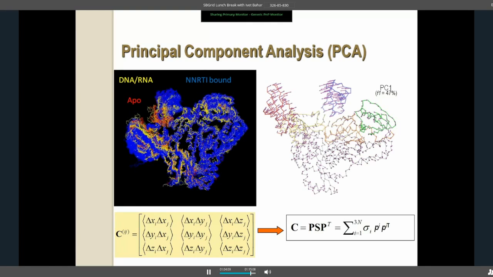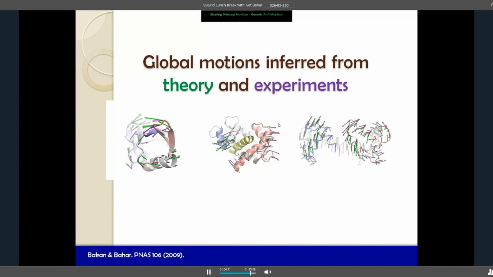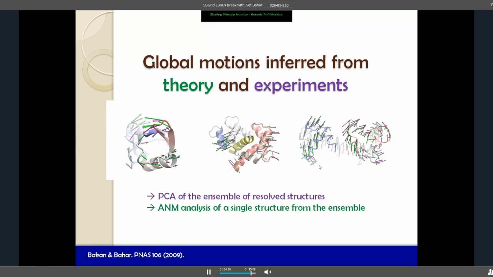Now, when we applied this to a series of proteins in our original paper in 2009, the theory and experiments, shown by different color arrows, agree quite well when we compare the principal components of the ensembles of structures versus the ANM modes predicted based on a single structure in that paper.